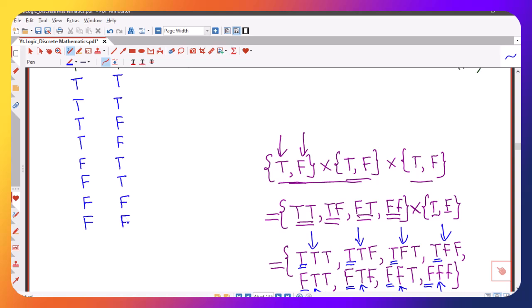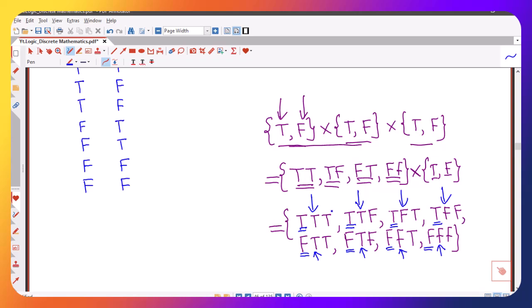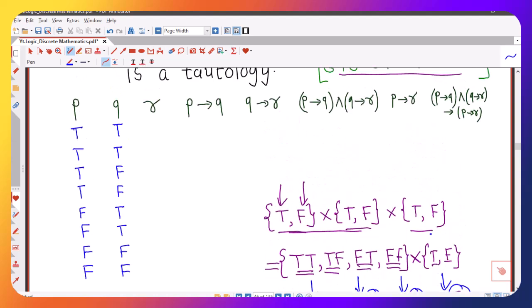These are the possible truth values for Q. And for the last one, we can see we have T, then F, then again T, then F, alternately T, F, T, F. So we write for R as T, F, T, F, then T, F, and again T and F.